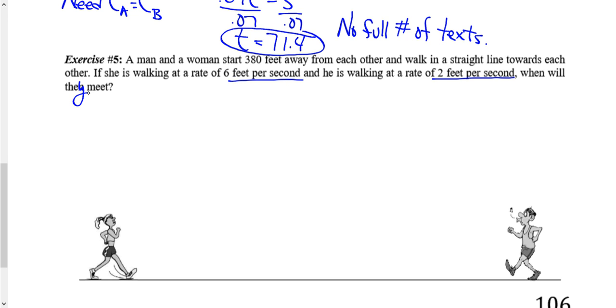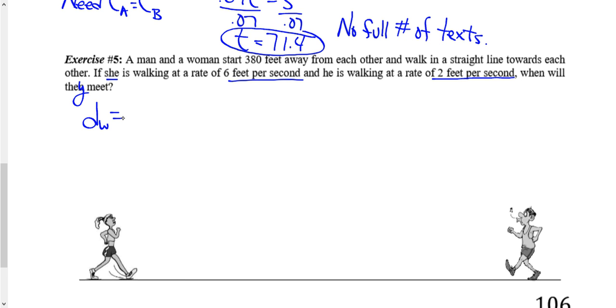Well, this is a little interesting, right? Let's do an equation for the woman here. For her distance, we'll call it distance sub W for distance of woman, is going to be equal to what? How fast is she going? 6 feet per second.